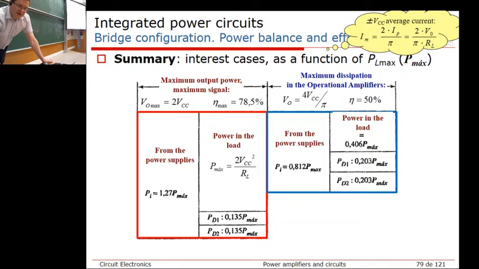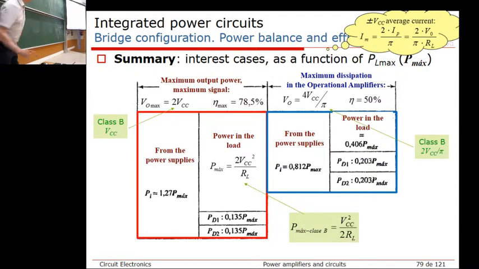And then we have a summary table. Summary is exactly the same as class B, or class AB actually. The differences are just the power supply voltage: VCC for class B, but in this bridge configuration it's 2 VCC in principle.